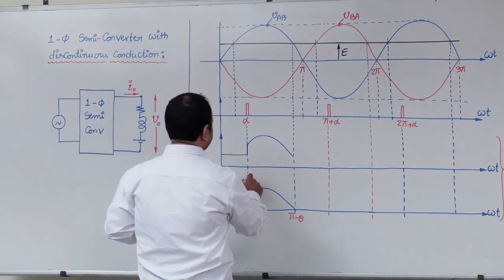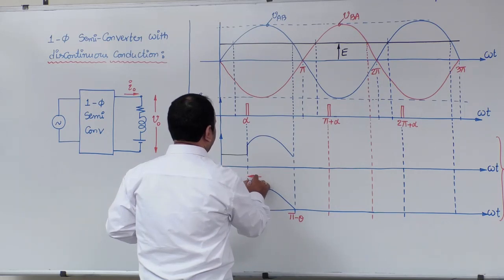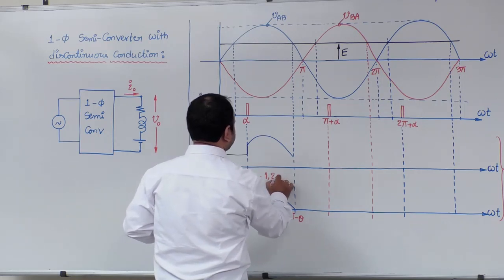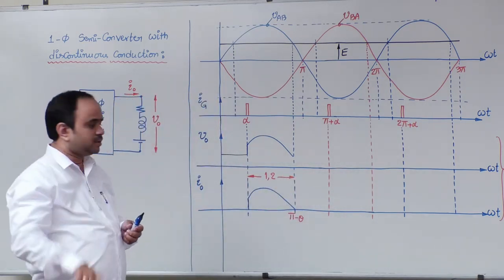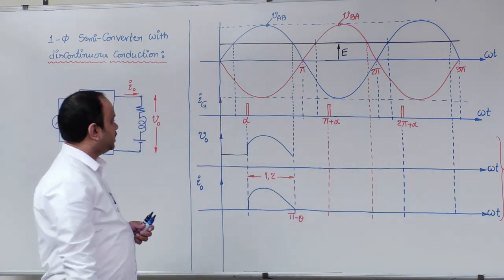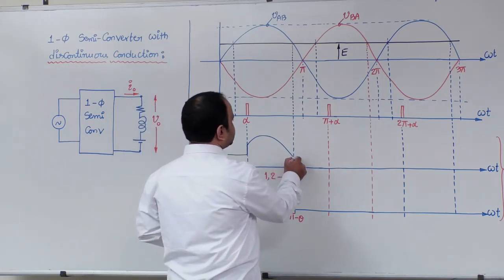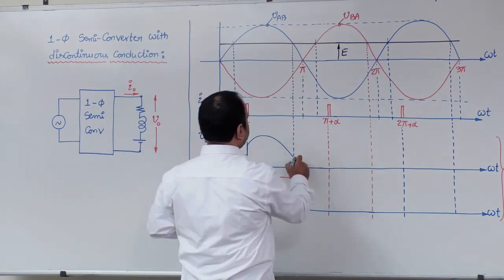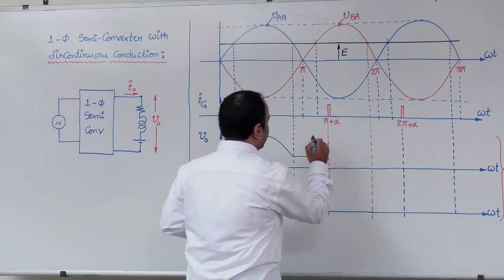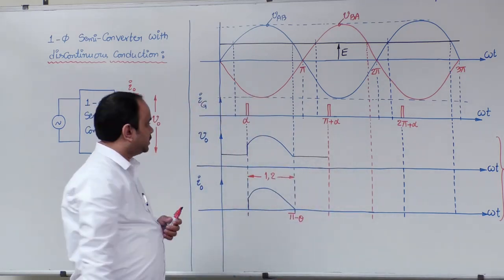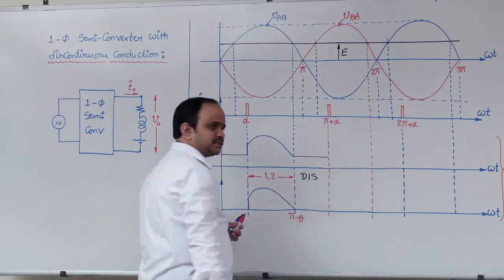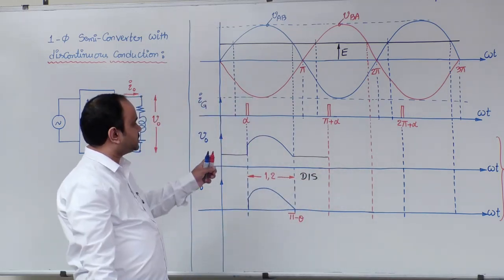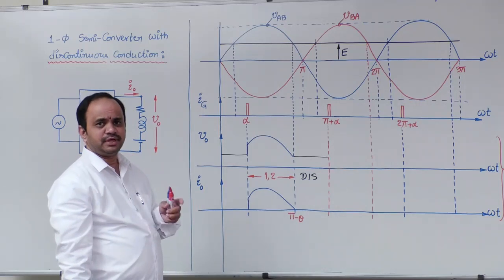Now from pi minus theta to pi plus alpha, there will be discontinuity. In this discontinuous interval, no devices will be in conduction, hence output voltage is equal to load EMF E.